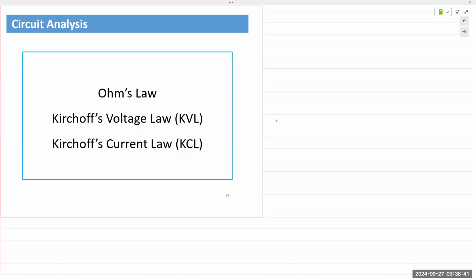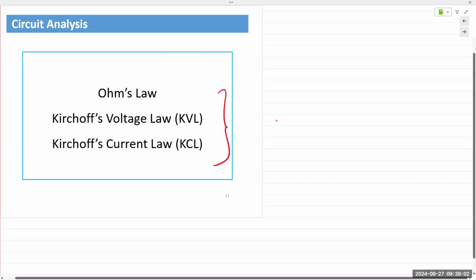Hopefully. I have confidence. But they are all based on these three. We don't need anything more than these three. All of EE is based on these three equations: Ohm's law, KCL, KVL. Everything else is a combination of Ohm's law, KVL, and KCL.